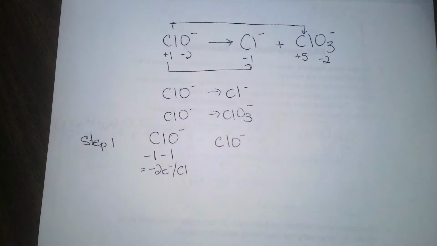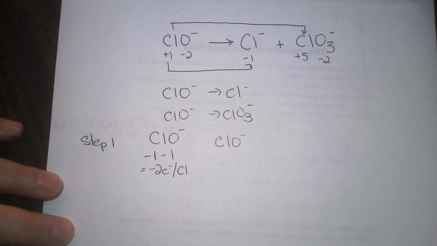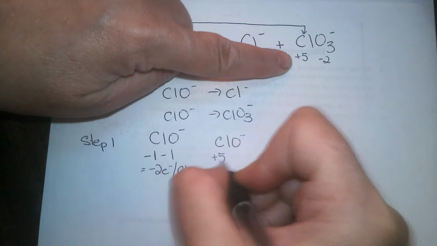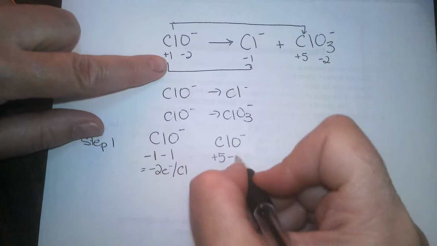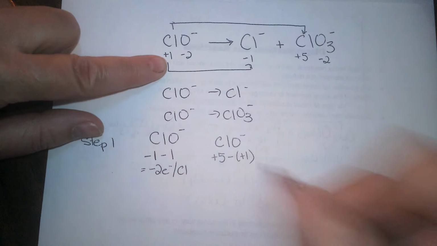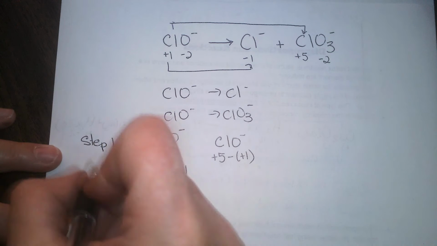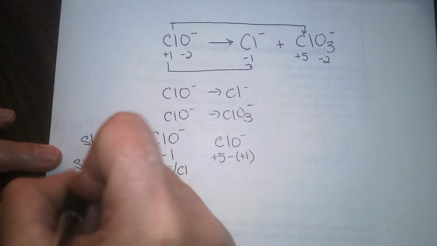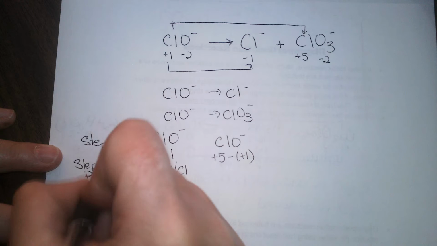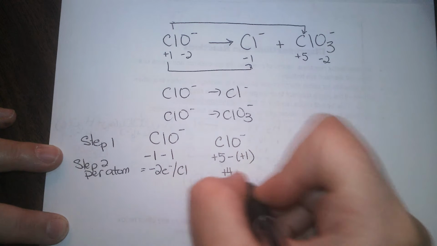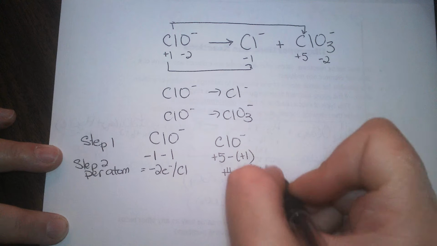So in a disproportionate reaction, we're going to have the same ion, chances are. It went from, on the final, at +5 to the initial was a +1. And so how many electrons do I have per atom? Remember, this is step 2. +4 electrons per chloride.